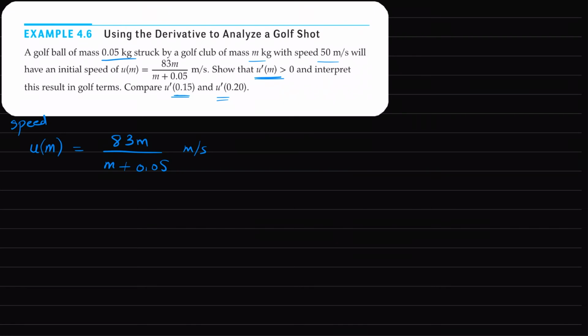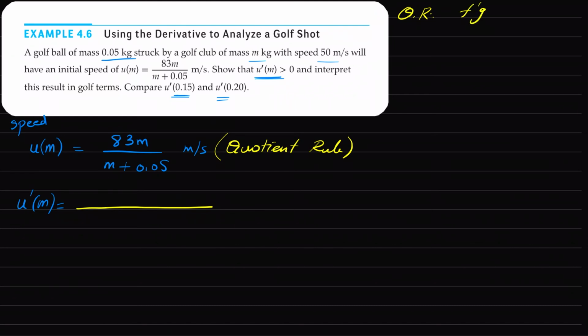First, to compute u prime of m, we will use the quotient rule because there is division. The quotient rule is f prime g minus f g prime over g squared. So the denominator is m plus 0.05 all squared.